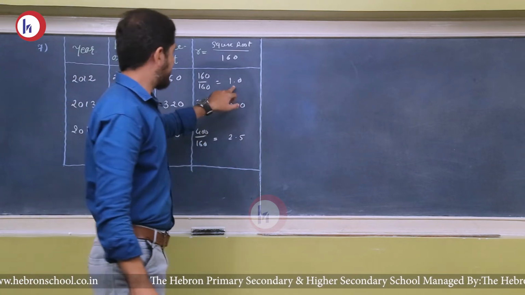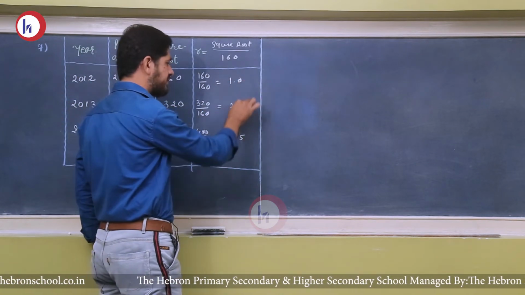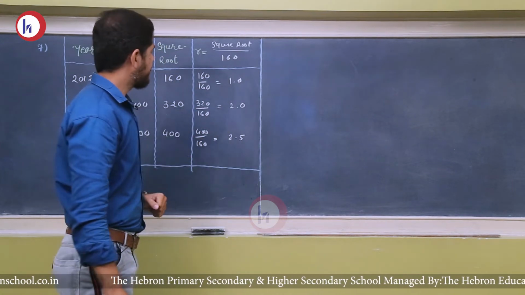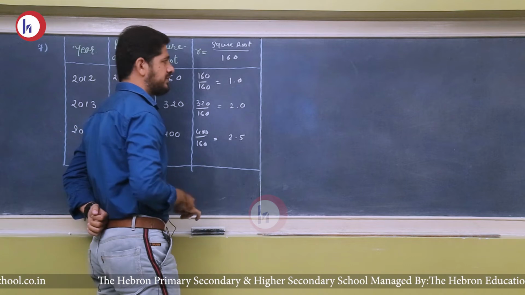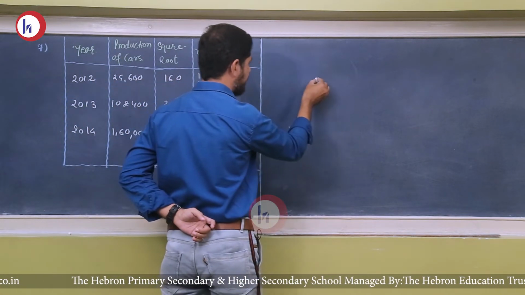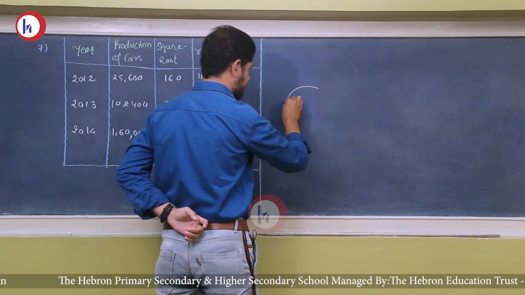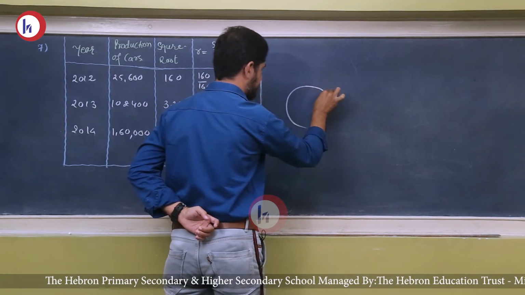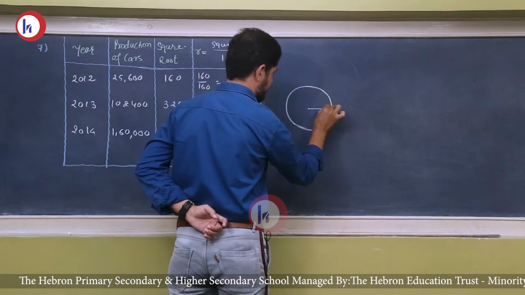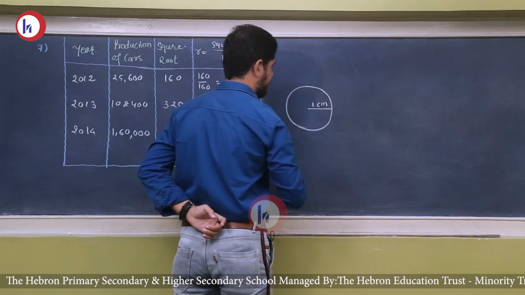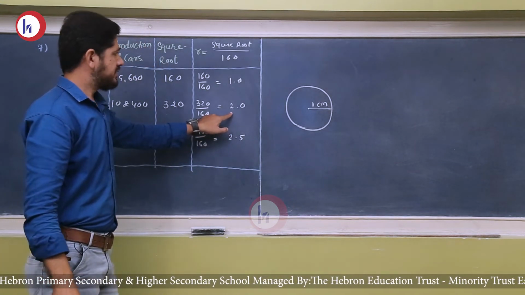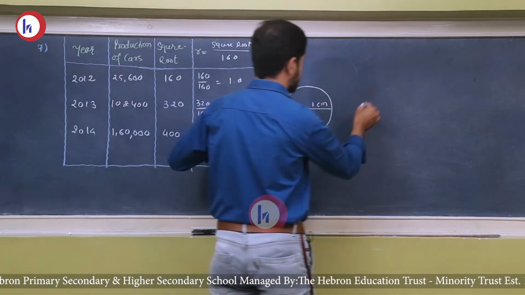So with the help of the instruments, we will draw 3 different size of circles with taking these 3 different radiuses. So the number 1 is 1.0. So we will draw a circle whose radius is 1 centimeter. Okay. Now the second circle has a radius 2.